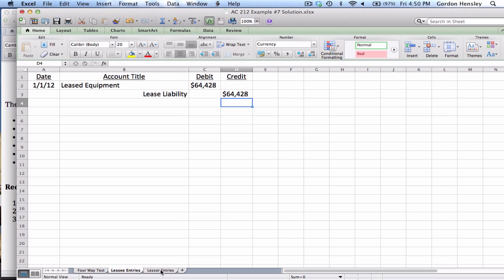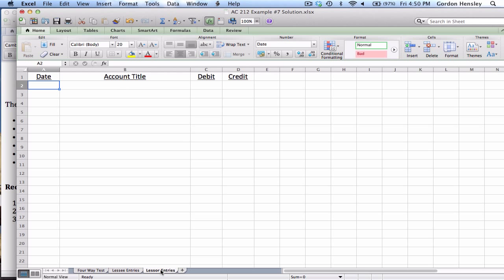But they also want us to do on part 3 the journal entry for the lessor. Now from their point of view, this is going to be money that they're going to be receiving from us. So it's not a lease liability, it's a lease receivable.